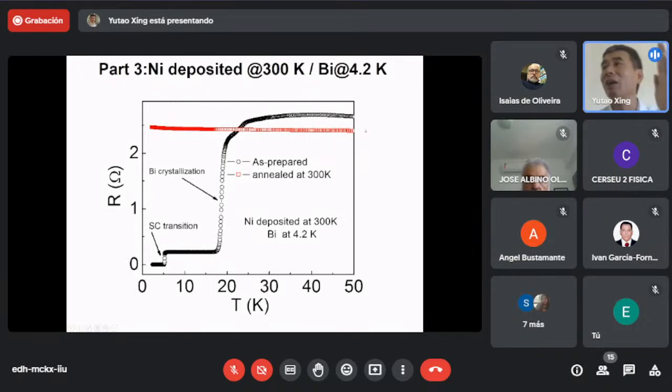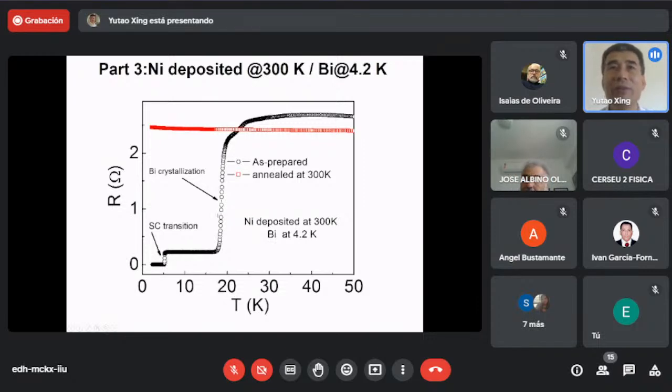And then we cooled down the sample to 4.2 Kelvin and then deposited bismuth. And now we have a crystalline nickel, above is amorphous bismuth. And then we did the measurement in situ. We can see the transition due to the amorphous bismuth.